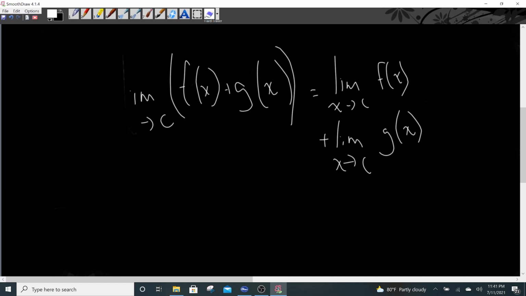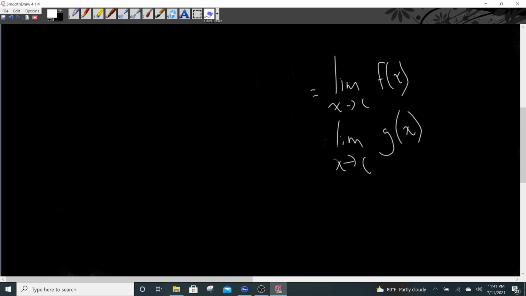I'm actually going to give you guys a little homework if you want to. Most of these proofs are going to be very similar to that one, because the sum, difference, product, and quotient rules for limits are pretty similar to the sum rule. So I'm going to write all of them.